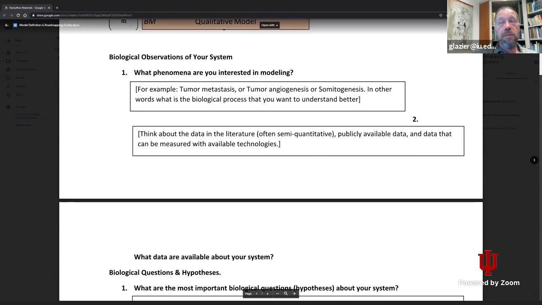And we've also heard quite a bit about, in many of these cases, what kind of data exist in the literature. It's okay if a problem is pretty abstract. For example, convergent extension could be quite an abstract problem. It doesn't have to be tied to, say, convergent extension in frogs during gastrulation.